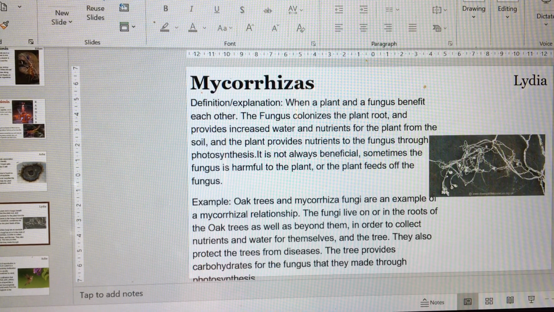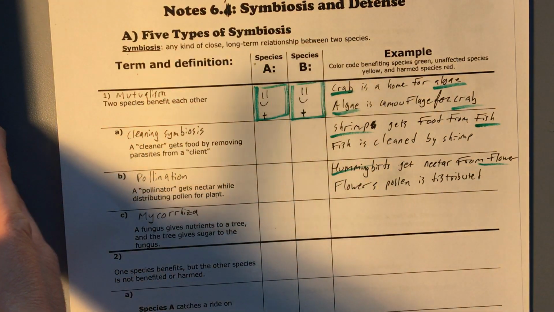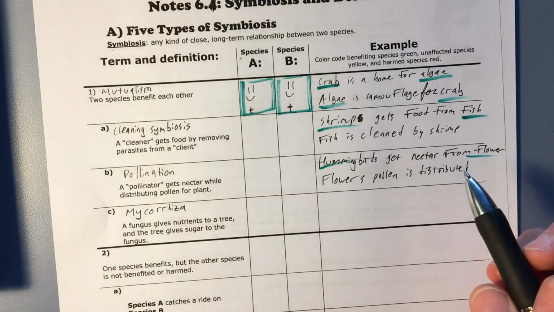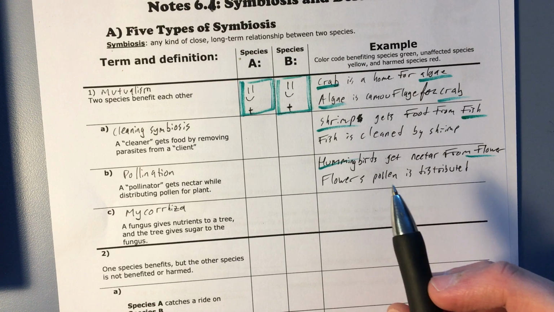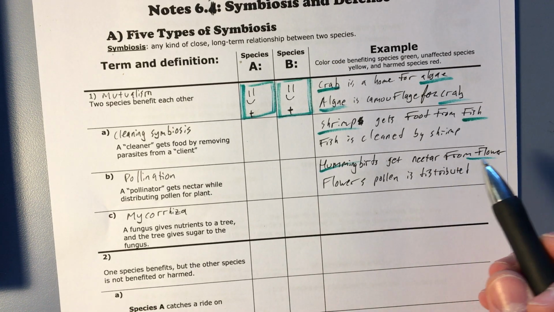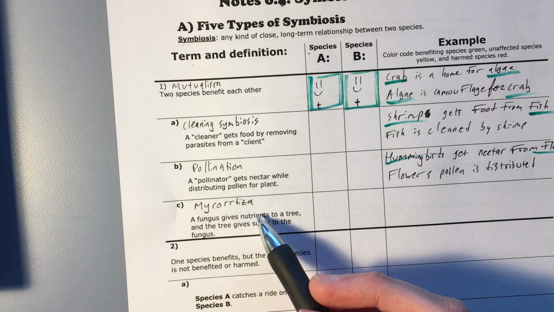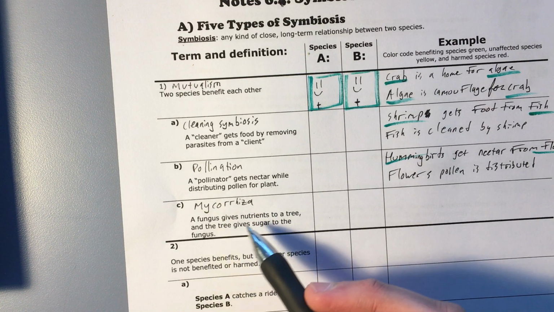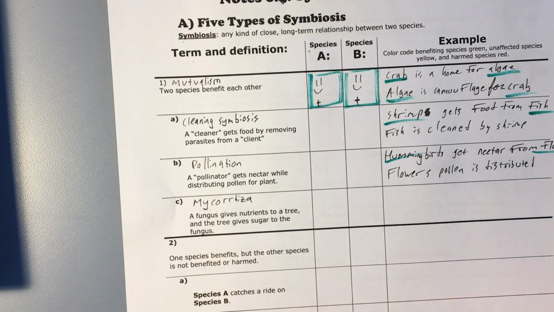So the tree is going to give sugars to the fungus, but the fungus has a really cool ability to take up nutrients from the soil because it's a decomposer. So the fungus gives nutrients to the tree, and the tree gives its sugar from photosynthesis to the fungus.